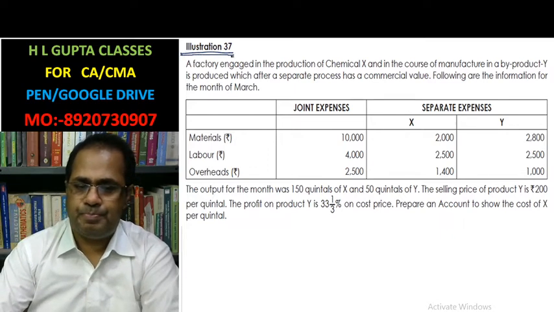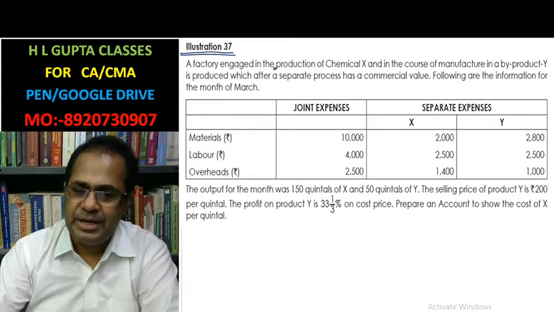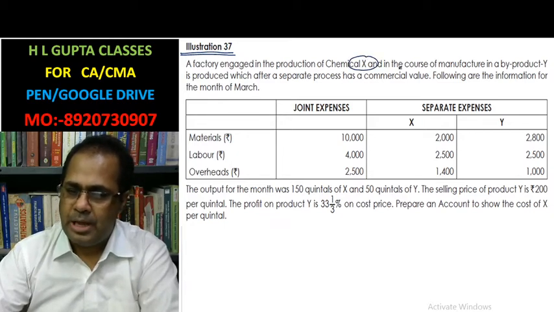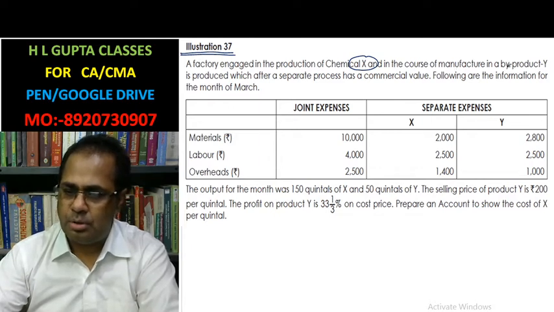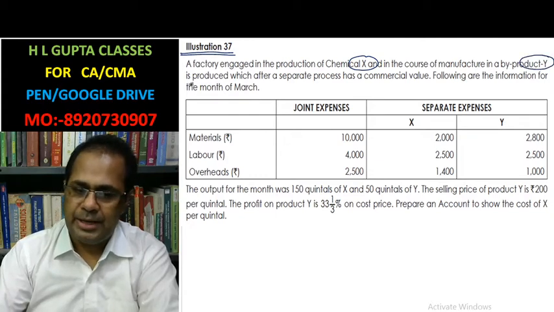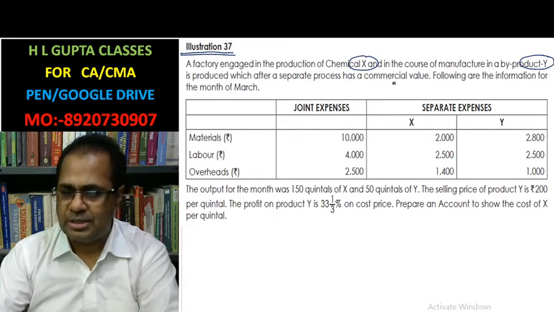A factory engaged in the production of chemical X, in the course of manufacturing, produces byproduct Y, which after a separate process has a commercial value.